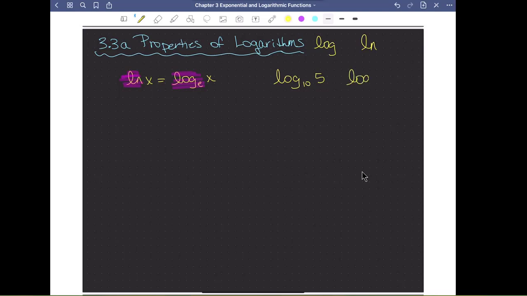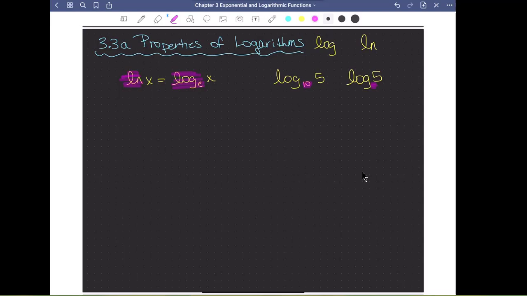Sometimes we write it as log of 5. So sometimes that 10, if there's not a number there for that base, that little subscript, we automatically know that it's going to be a base 10 system because that's what we count in. So usually they never write that 10 in there. So if you see it without the base written in there, it's not that there isn't a base, there has to be a base, and that base would be 10.